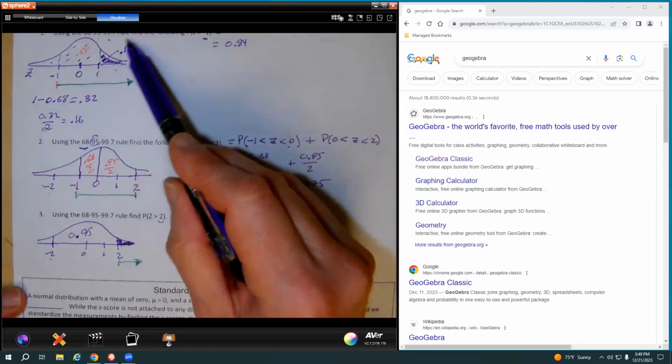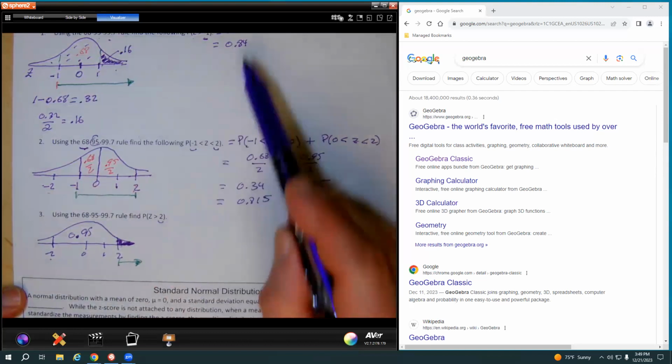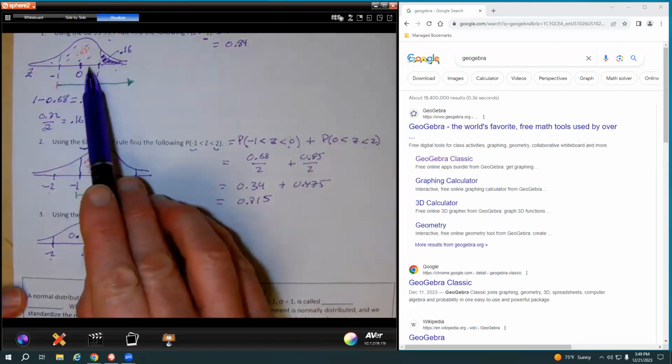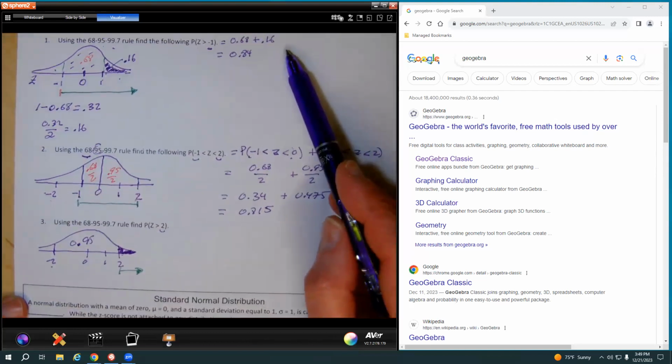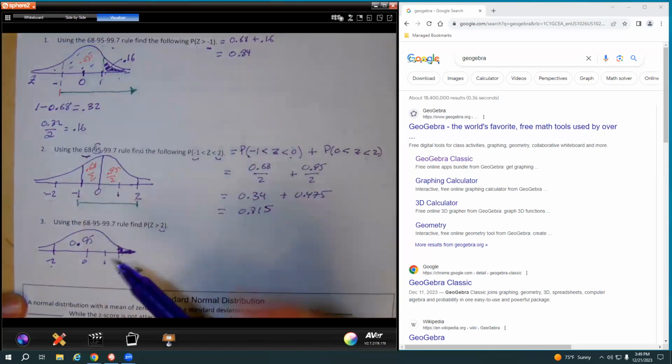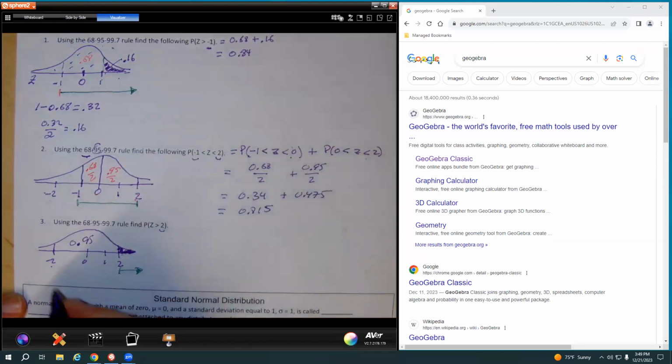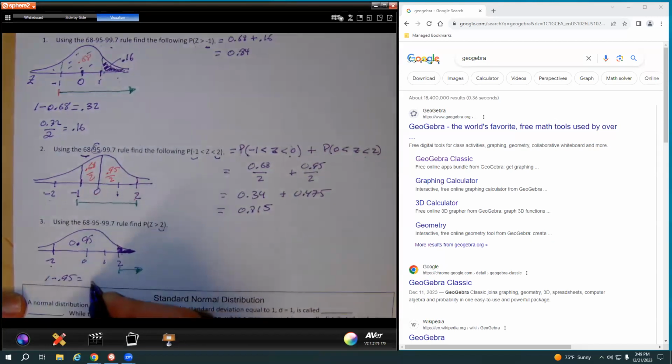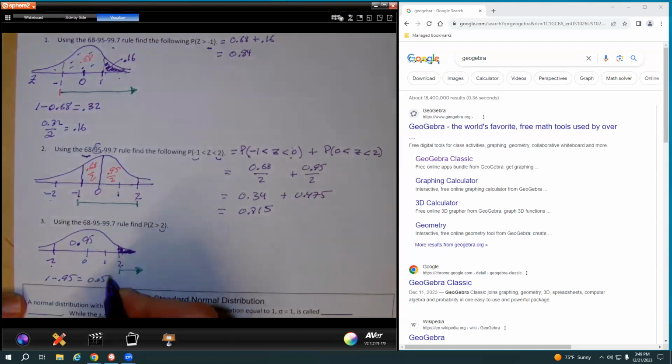In the first one, I figured out what this little tail is, and then added it to the other part because I wanted that. But here, I don't need to do that. All I'm after is the tail part. I don't care about the middle part at all. But I can use exactly the same strategy: subtract from 1. That gives me 0.05.